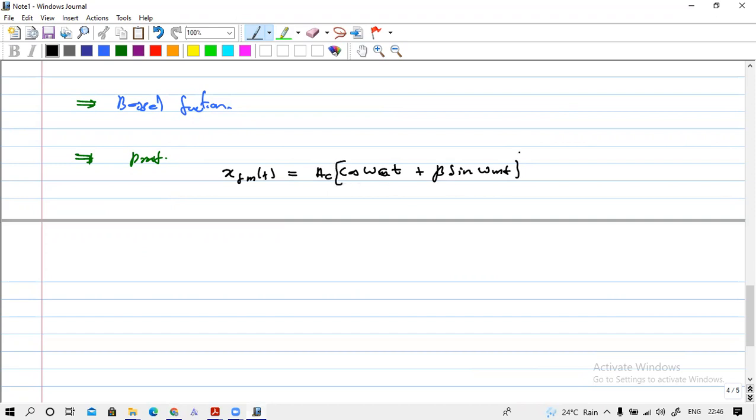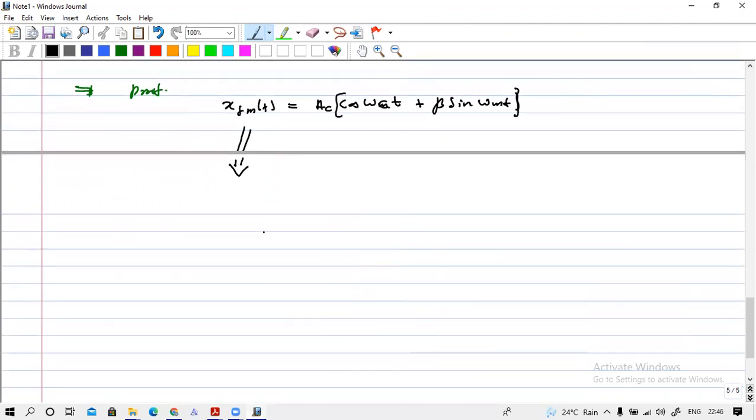Now I am going to represent this signal in complex form, a complex transmitted signal model.